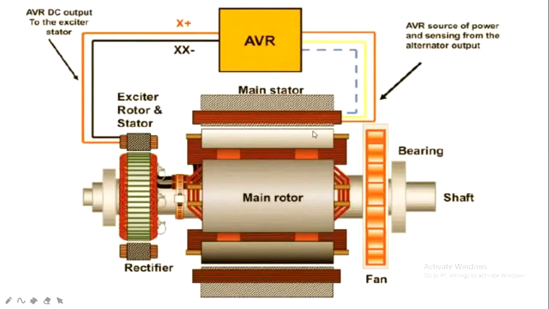This is the figure of the static excitation system. This is the AVR, automatic voltage regulator, which directly controls the terminal voltage of the alternator, and from here excitation can be controlled. Excitation control is very essential for the alternator for controlling reactive power as well.